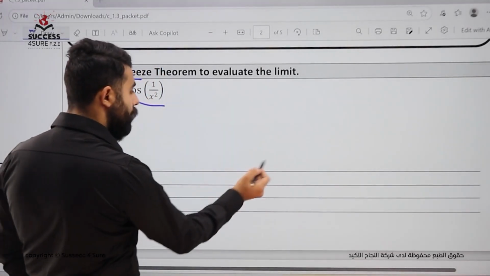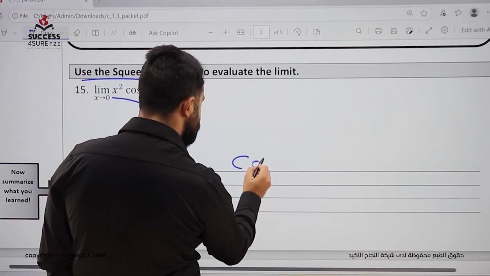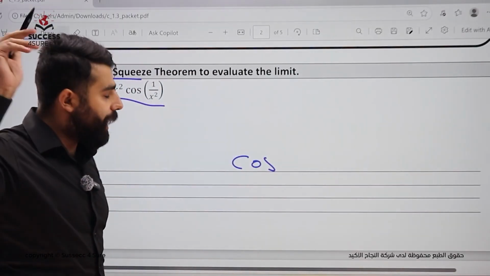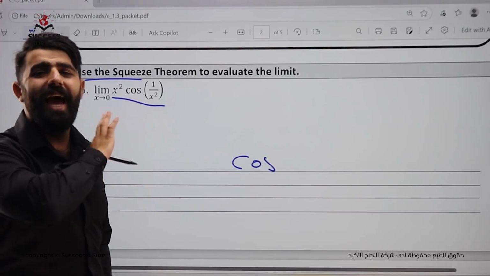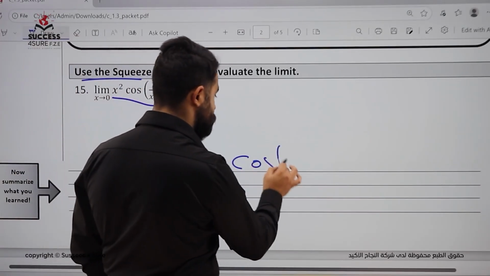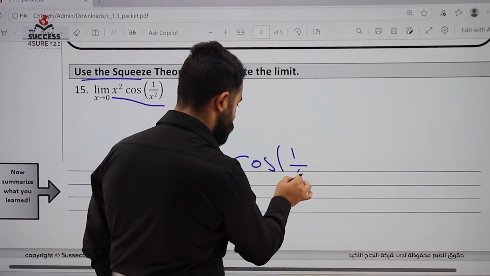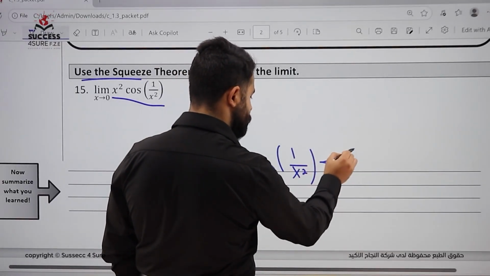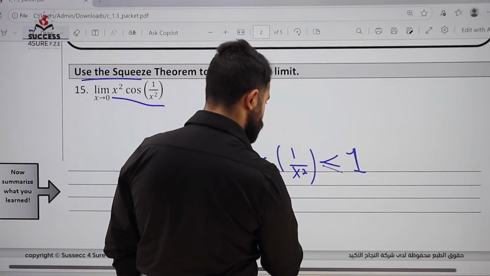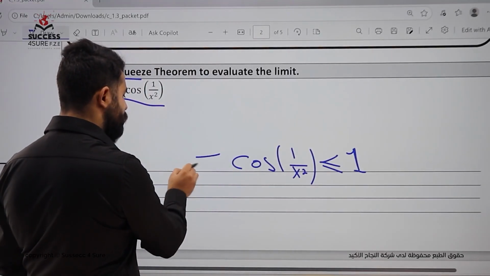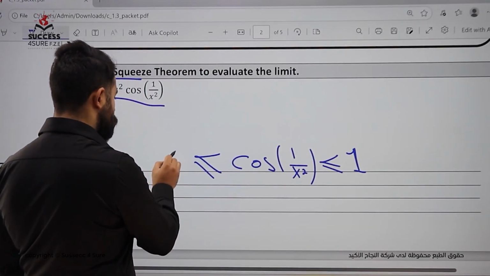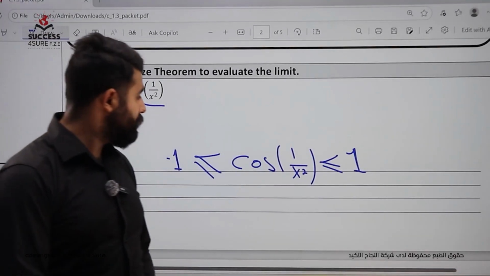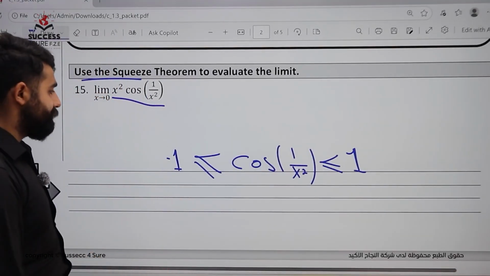All you guys know that cosine of anything, 1 over x squared, e to the power of x, cosine of any value is always smaller than or equal to 1 and greater than or equal to -1. Because the cosine value is always between 1 and -1, all right?